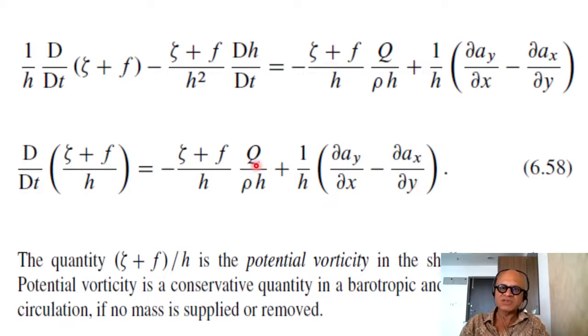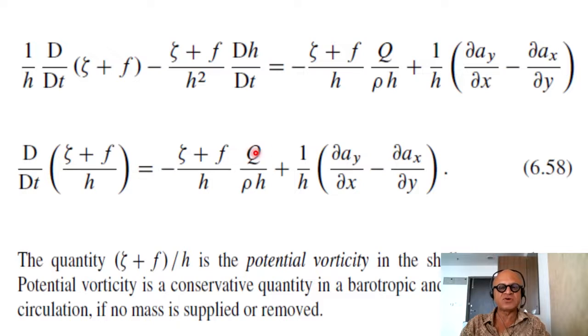Just stare at the equations, make sure you follow through. I'm going a little fast, but the physical concepts behind these are really amazing and worth paying attention to. So the quantity zeta plus f over h is the potential vorticity in the shallow water layer. Potential vorticity is a conservative quantity in a barotropic and frictionless ocean circulation if no mass is supplied or removed.